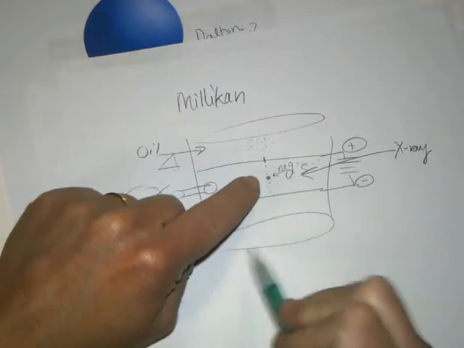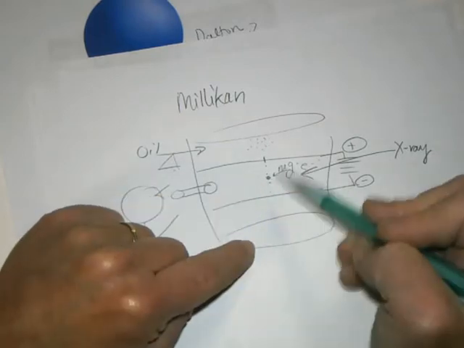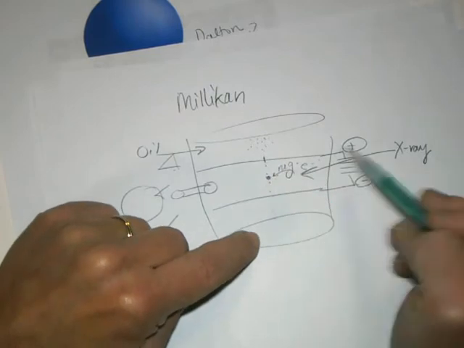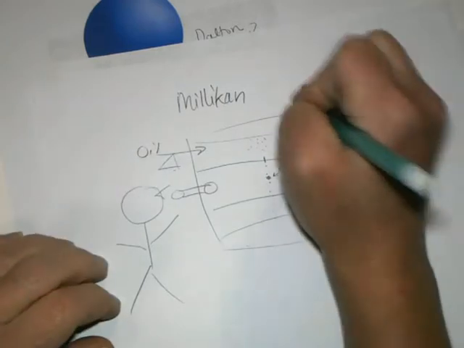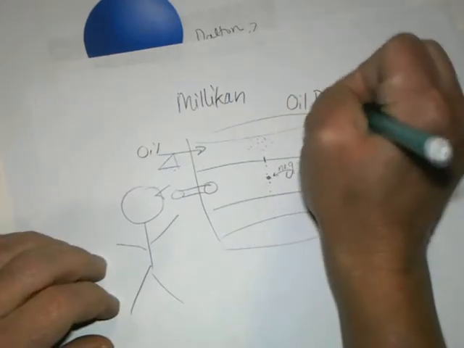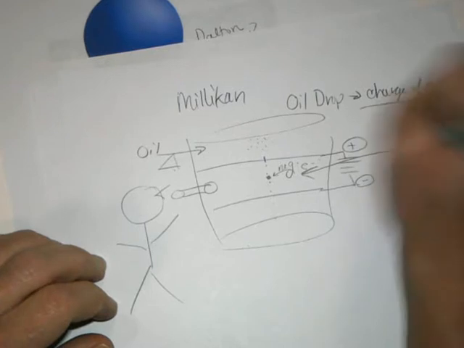He would make a note of the charge, or the voltage he needed. Do another series. Suspend one, note the charge. And he found that they were multiples of the same value. What Robert Millikan was able to do with the oil drop experiment was find the charge of the electron.